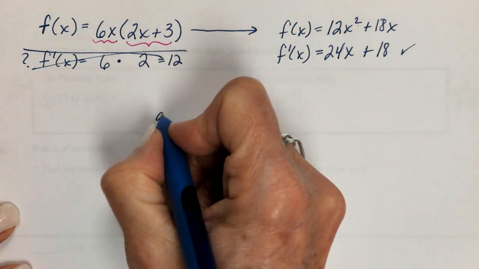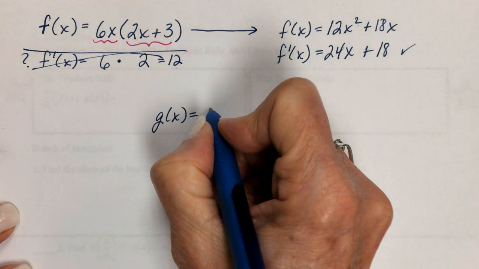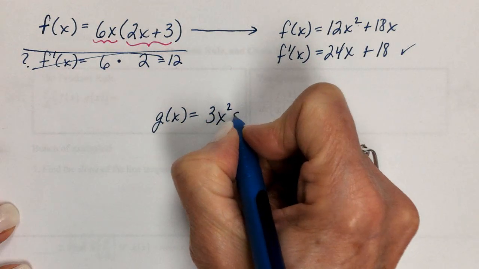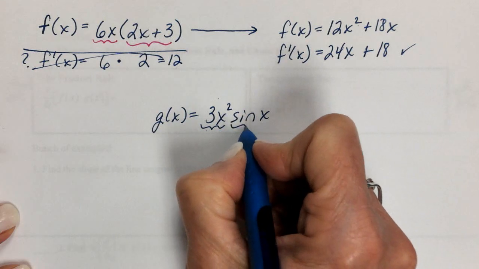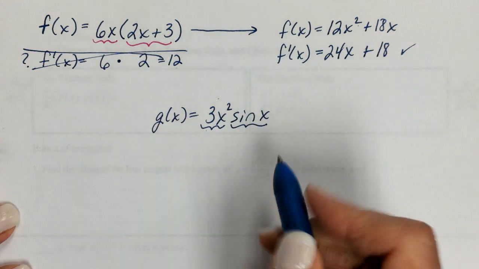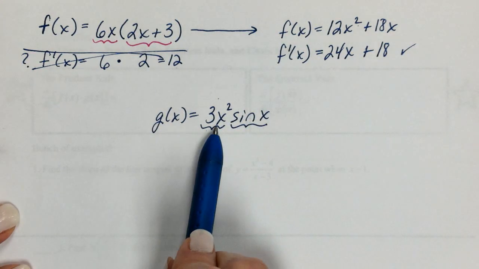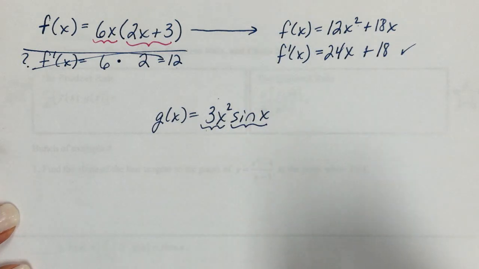When you have a product of functions, you cannot just take the derivative of each and multiply it together. It does not work, okay?